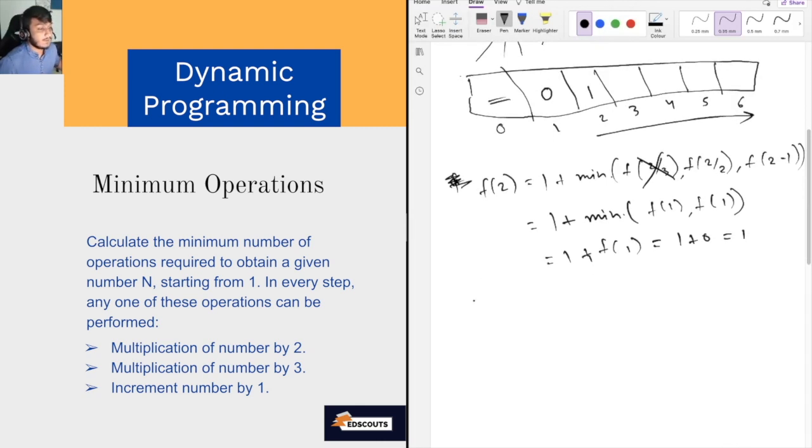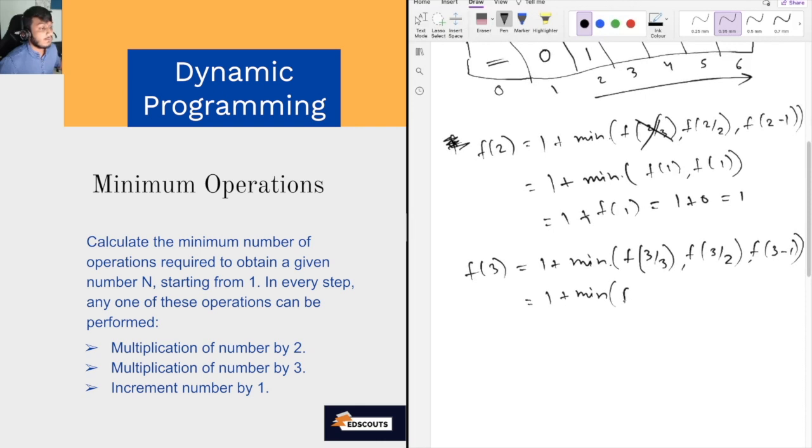Let's similarly calculate for f of 3. F of 3 is equal to 1 plus minimum of f of 3 by 3, comma f of 3 by 2, comma f of 3 minus 1. This will be 1 plus minimum of f of 1, comma f of 3 by 2 we won't calculate because 3 is not divisible by 2.